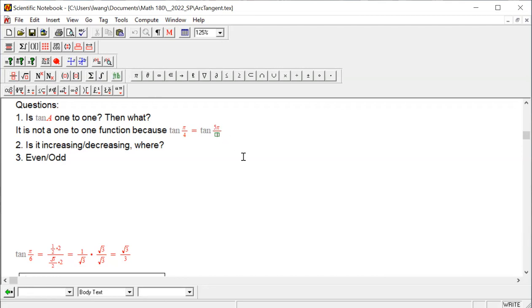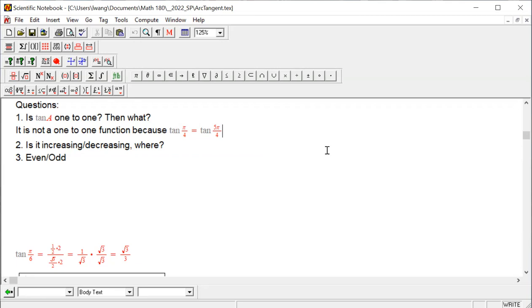That would be sufficient to make our case, because the reader can see obviously the inputs are not the same, but the outputs are the same. So it's not 1-to-1. Therefore, we should not expect any inverse.